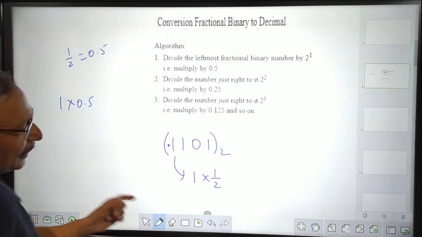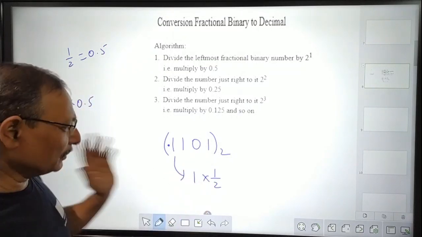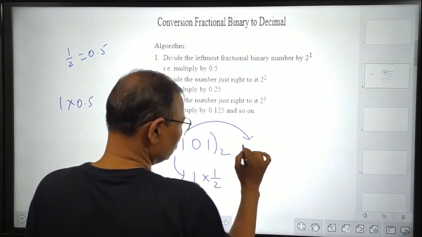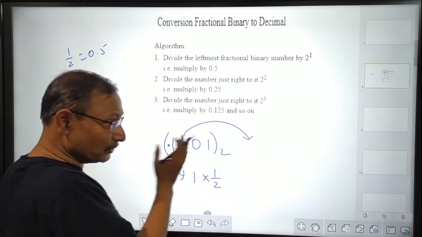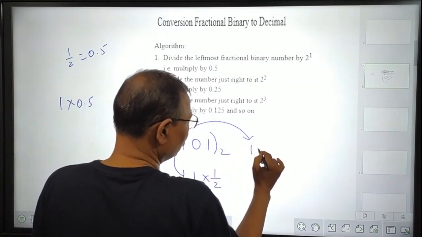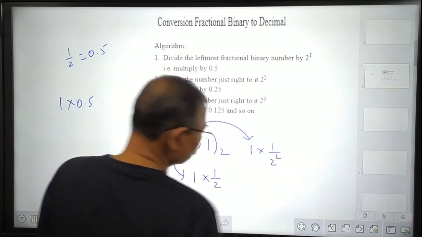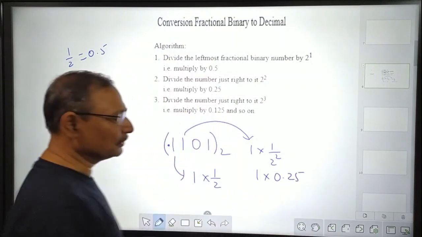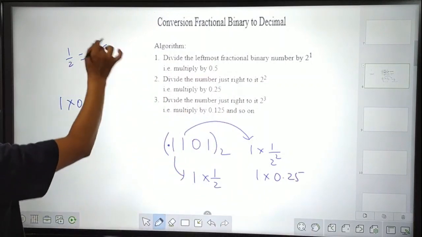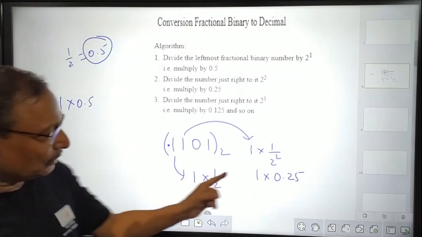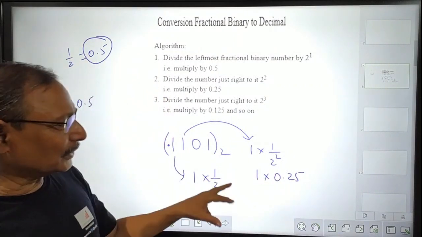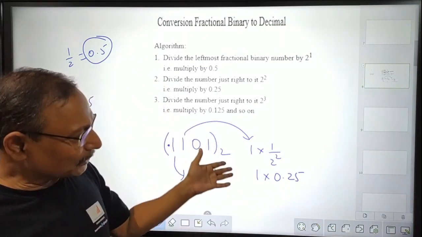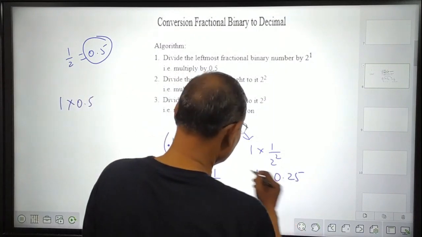Then the digit just right of the leftmost digit is to be multiplied by 1 by 2 squared. We can also write this as 0.5 into 0.5, and the square of that will be 0.25. So in place of multiplying by 1 by 4, you can multiply by 0.25 to get the result very quickly.